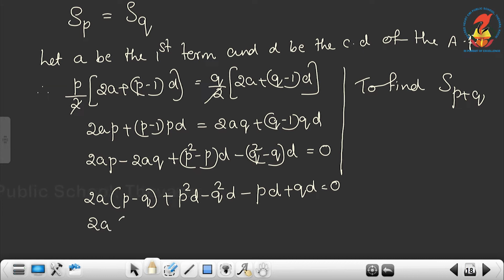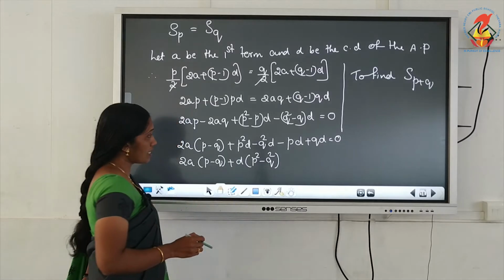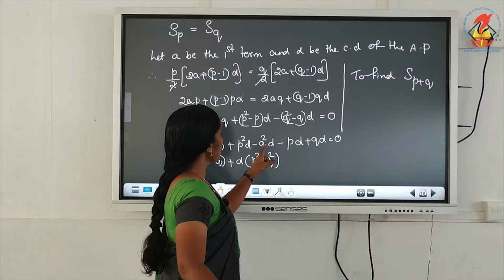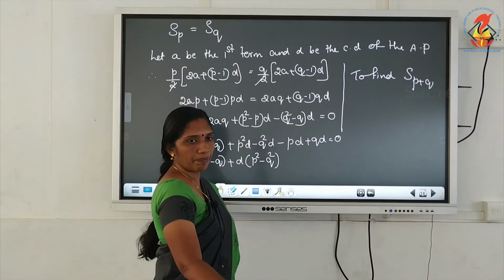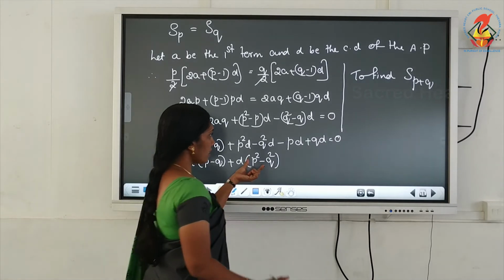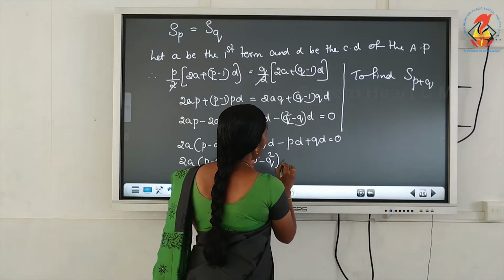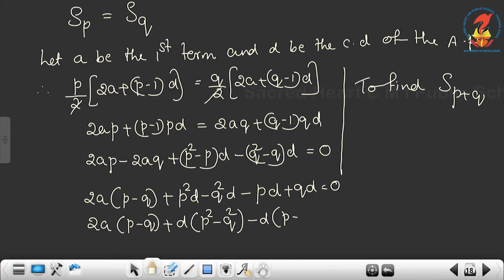Or 2a into p minus q, d taking outside, p square minus q square. So we can factorize. That's why I write q square d just close to this p square d. Here if we take minus d outside, we can write p minus q.